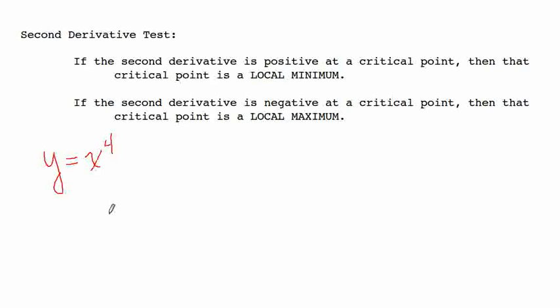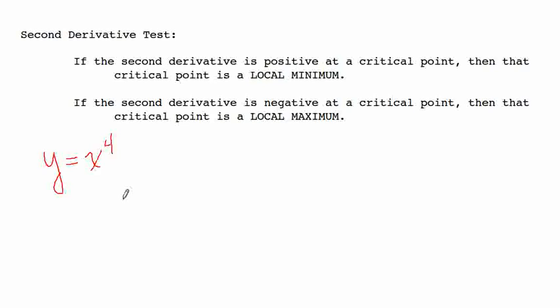In the parabola examples that I gave you, the x squared graph had a local minimum at a critical point where the second derivative was positive. The minus x squared graph had a local maximum where the second derivative was negative.